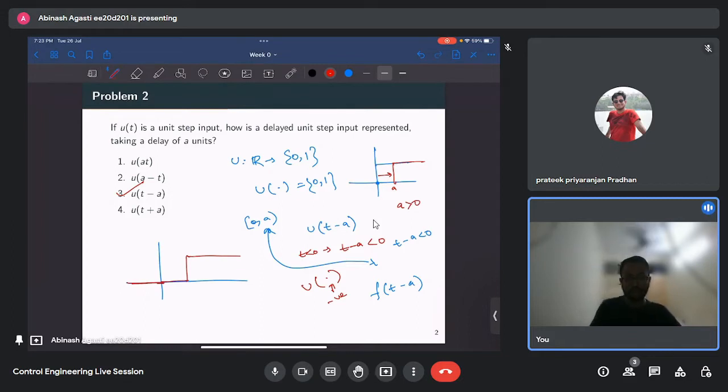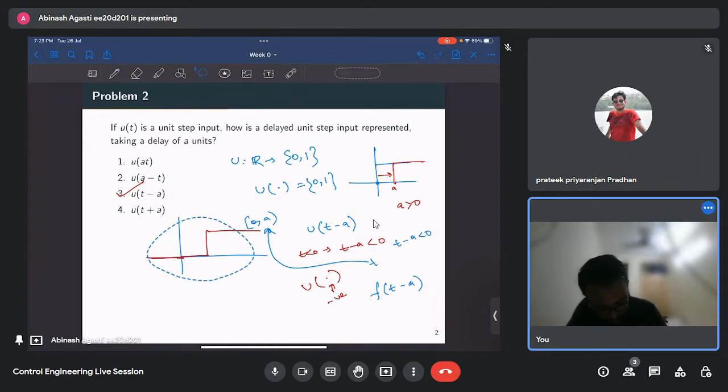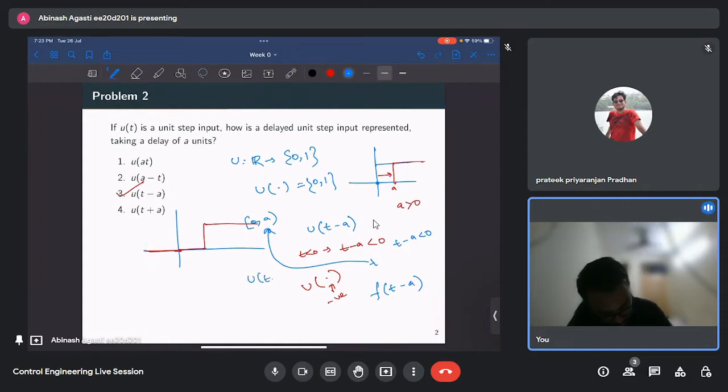So for this question, we have the answer as u of t minus a. This works not only with the unit step function; the procedure is pretty much similar for any function we can take. To induce a delay, we shift the input by minus a. And similarly, if we did u of t plus a, then take this point.